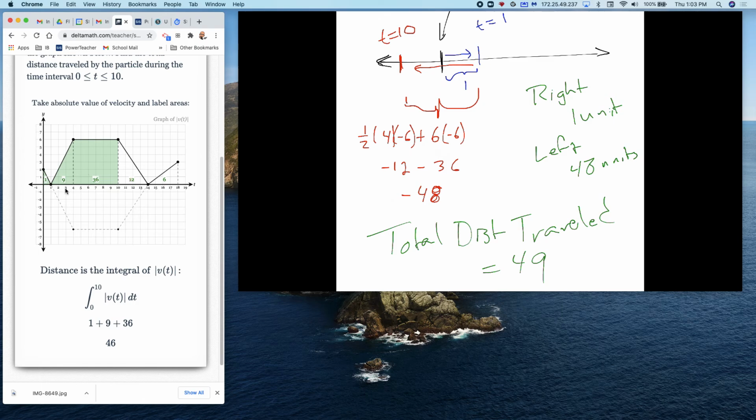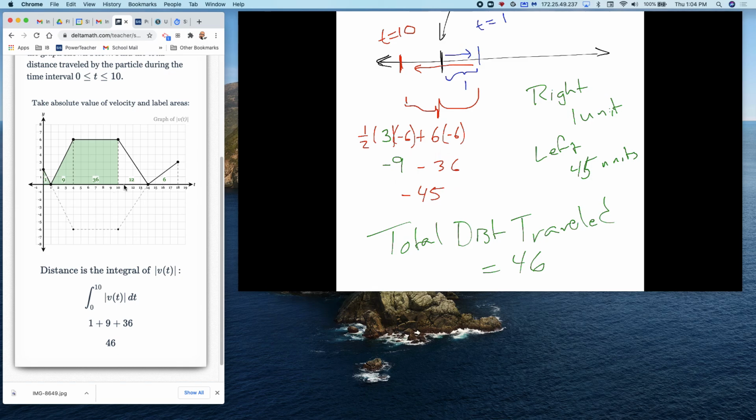Oh, I calculated that one wrong. That was a span of 3, not 4. So sorry about that. That was a span of 3 here, not 4. So this would be -9 here, which makes this 45. I'm sorry about that. I didn't count it right. So we went 45 to the left, so overall we went 46 units. So that's our total distance traveled.